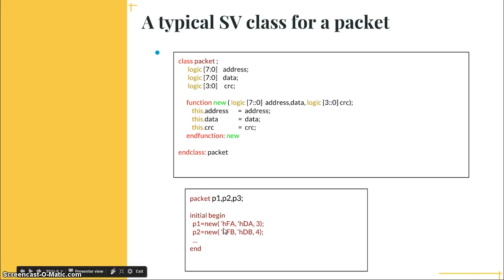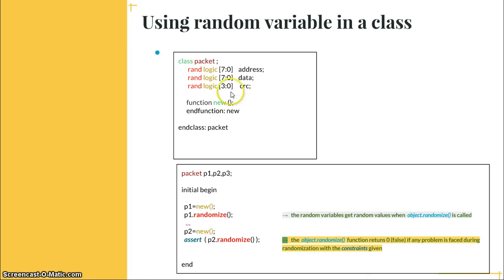So this is how you can make class members random. You just need to add a keyword called rand to the class member definition. So in the same class packet, before the member definition, I am adding the keyword rand: rand logic [7:0] address.